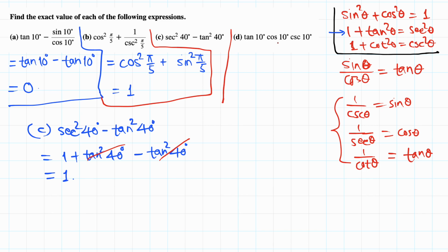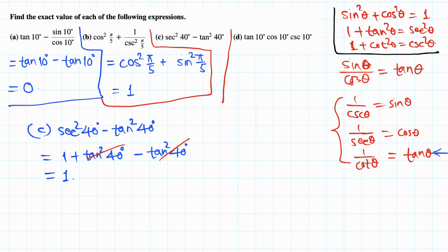Now let's do part D. Tangent 10, cosine, cosecant. Again these are not standard angles, so we'll use some identities. We saw two identities for tangent: tangent is 1 over cotangent, and tangent is sine over cosine. A lot of times when we are simplifying, it's better to use sine over cosine. The 1 over cotangent one is for when we have cotangent in the problem, which is rarely used.